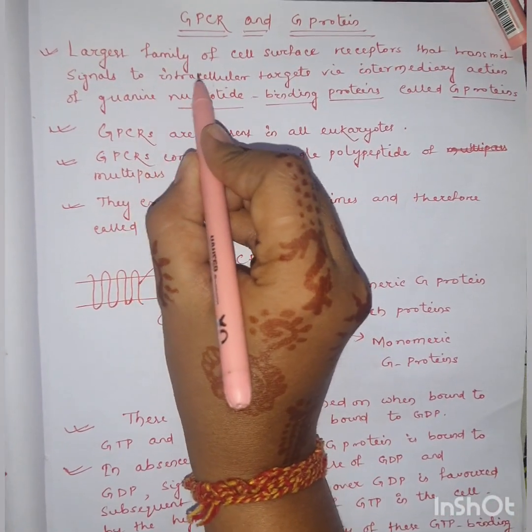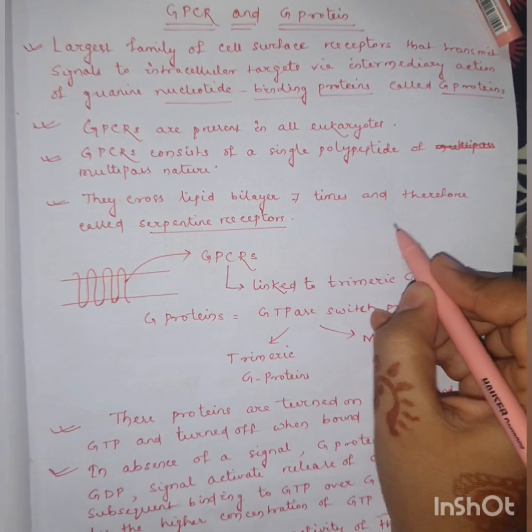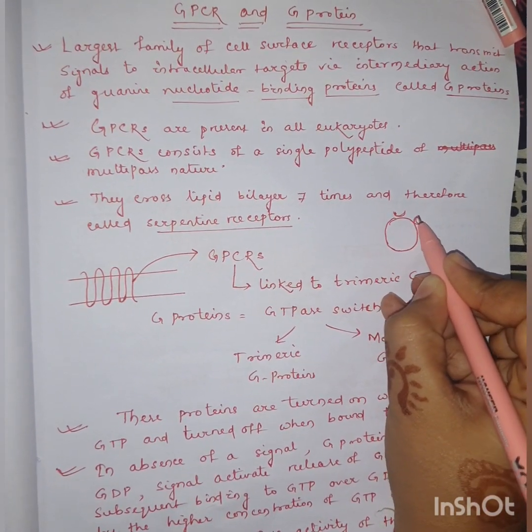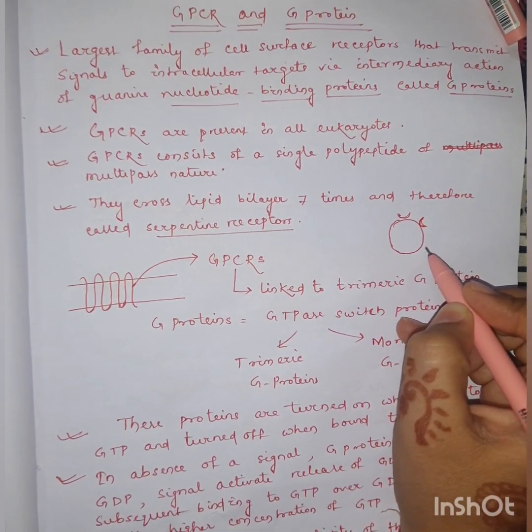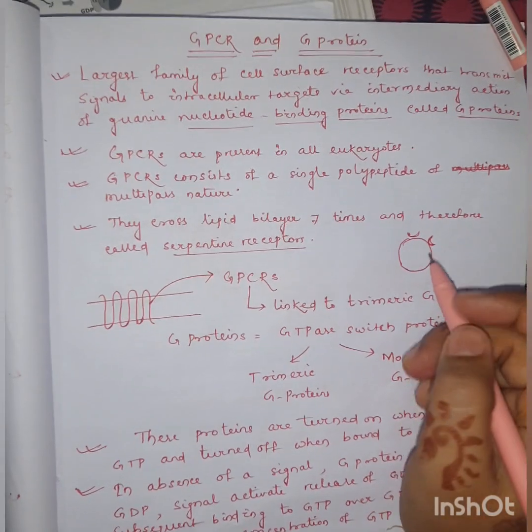These are the largest family of cell surface receptors. So it is one of the most important cell surface receptors, found on the cell surface, that transmit signals to intracellular targets.